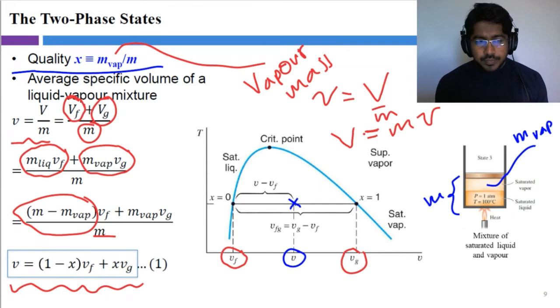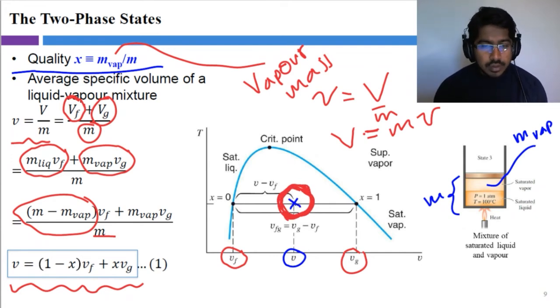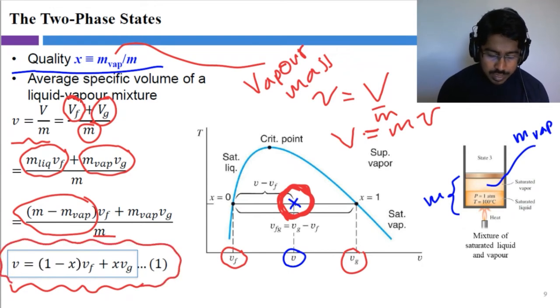Perfect. So now you can see, if we want to present the specific volume of this given state, you see what I'm circling? If we want to provide the specific volume of this given state, we can write it using equation 1 in the top left hand corner, right?